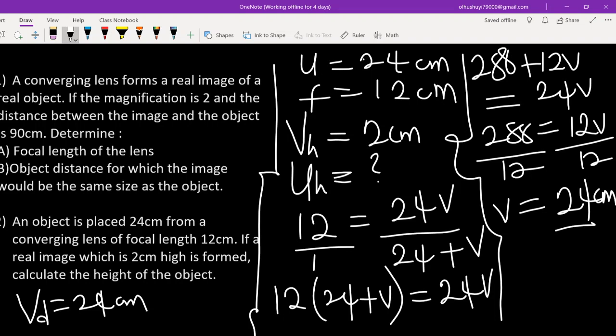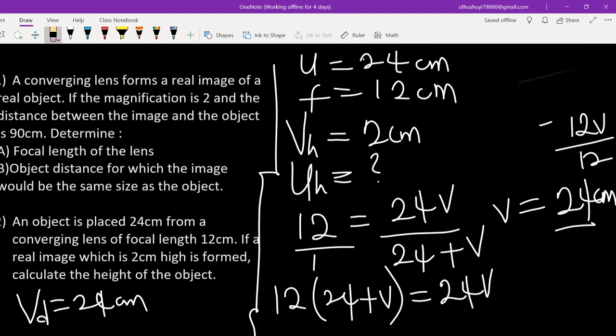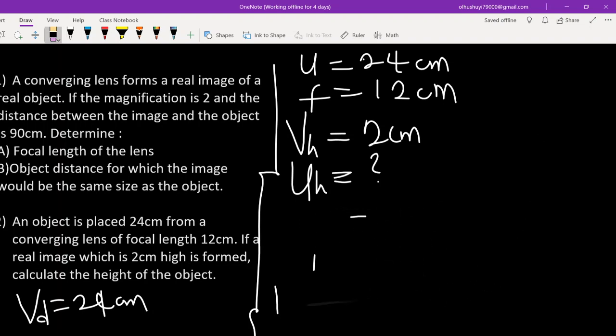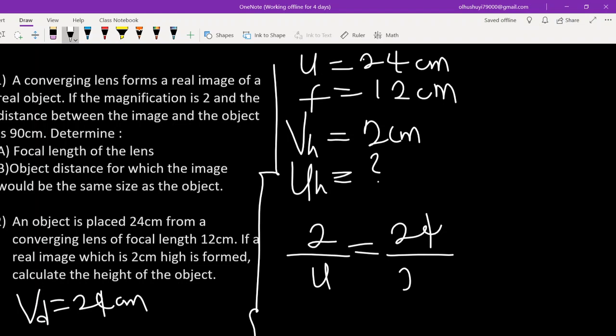We can now say image height, which is 2, over the object height, which we are looking for, is equal to the image distance, which is now 24, divided by the object distance 24.